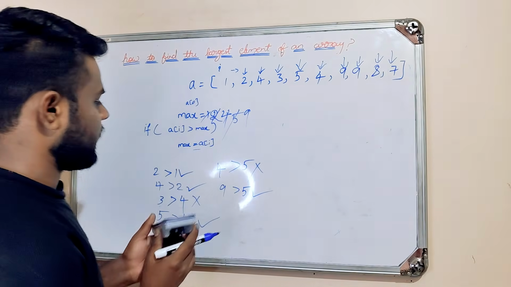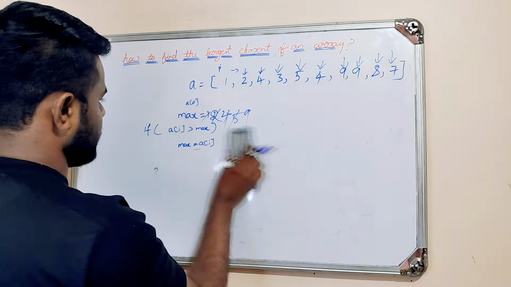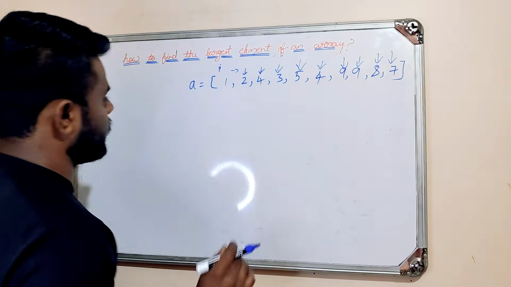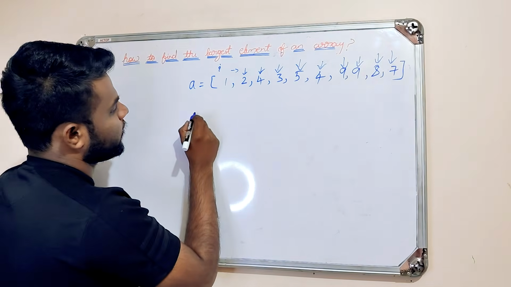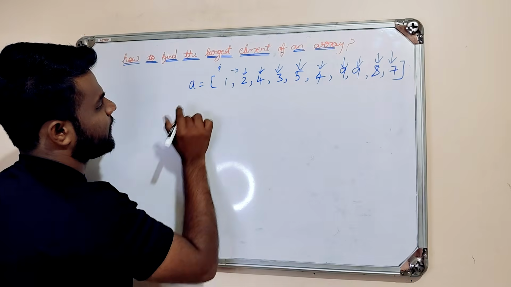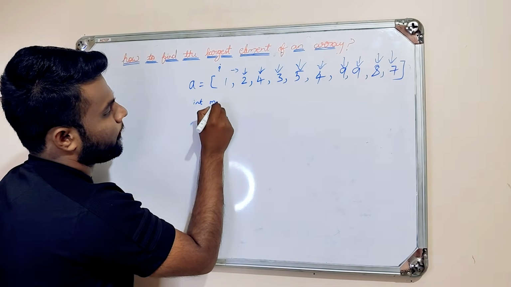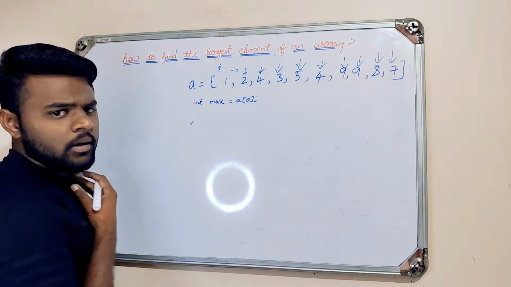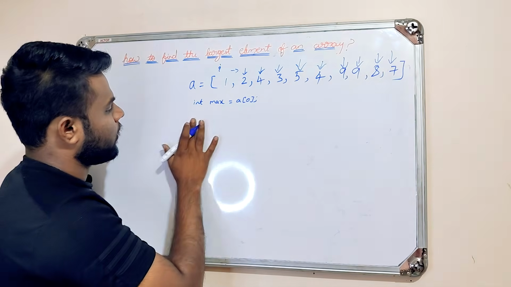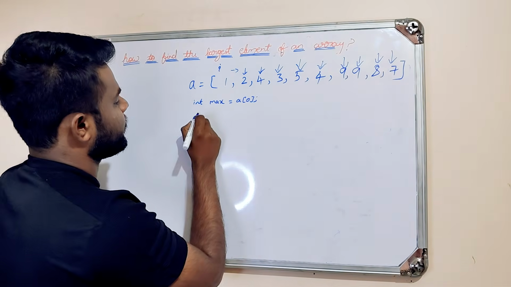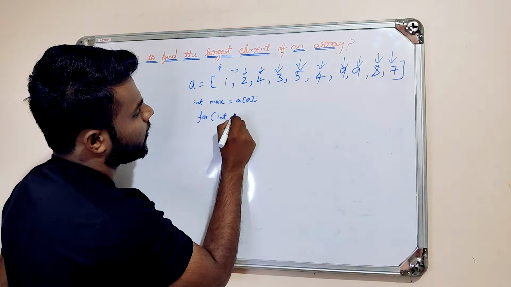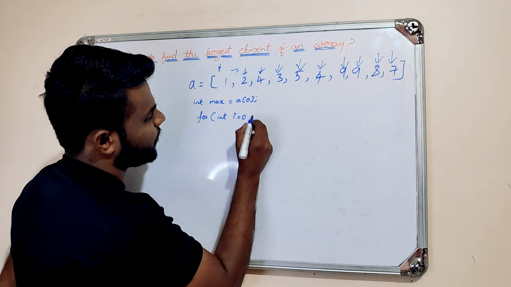Now let me write the logic for this. Initially int max equal to array of 0, the first element obviously. Now for int i equal to 0.